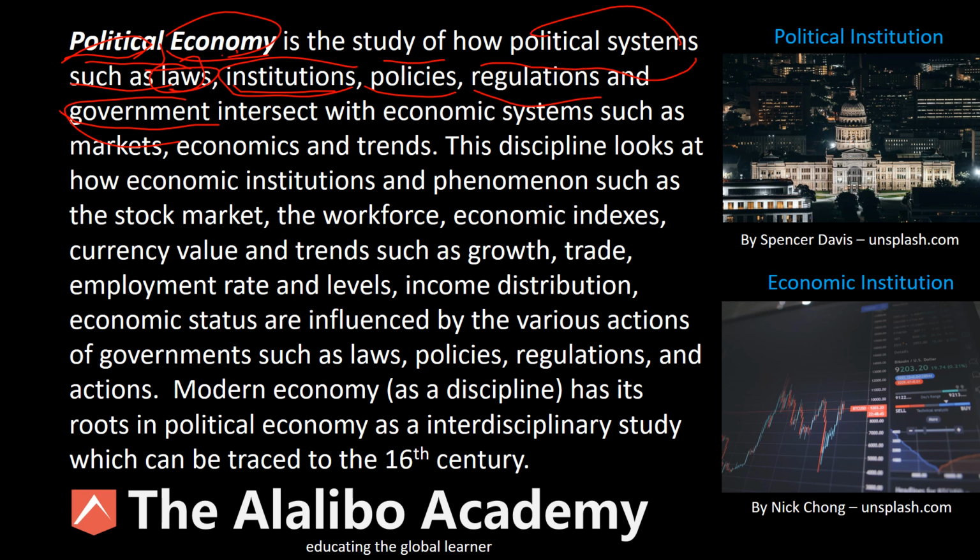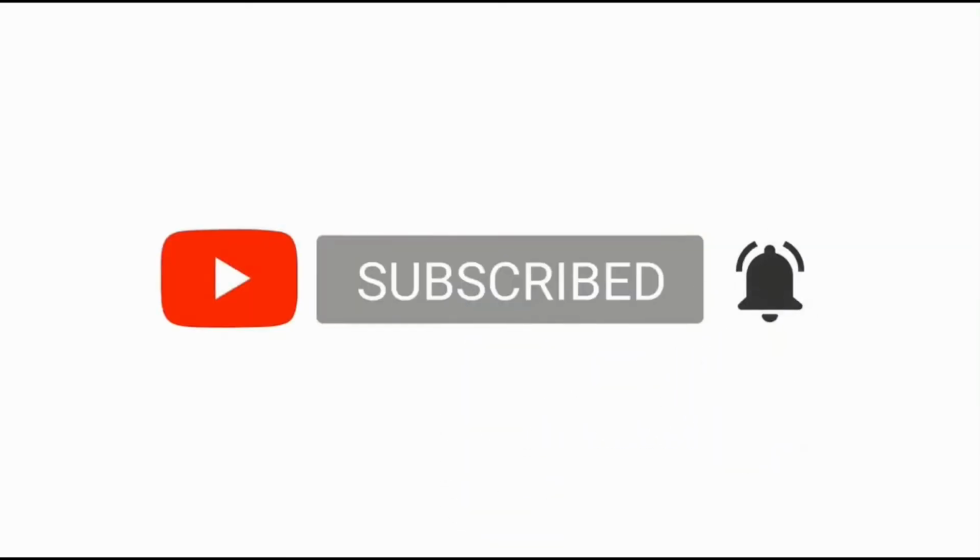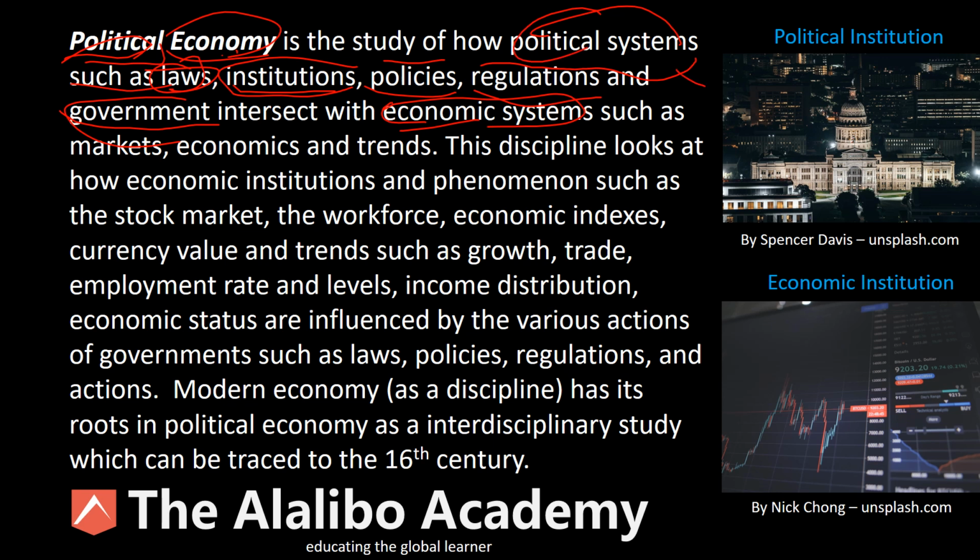So how does all of this intersect with economic systems? Two things are happening here. Political systems, and this right here is an example of a political system. This is the United States Congress, using this as an example. This is where laws are made. And now we want to understand how those laws impact the economic system.